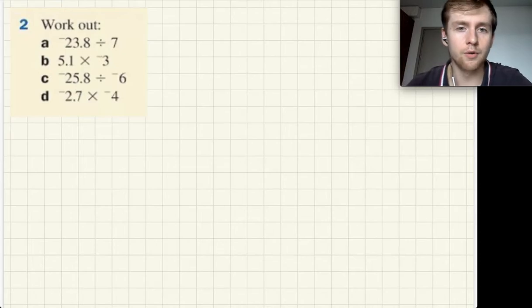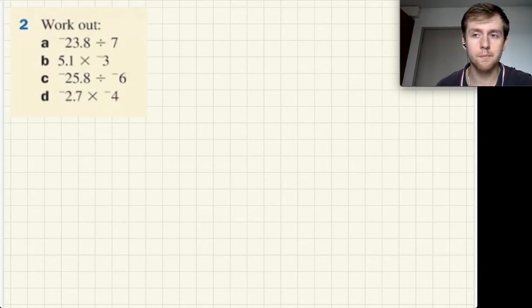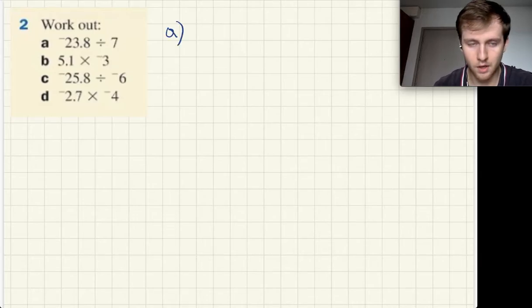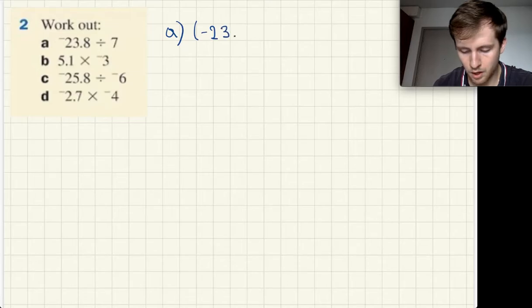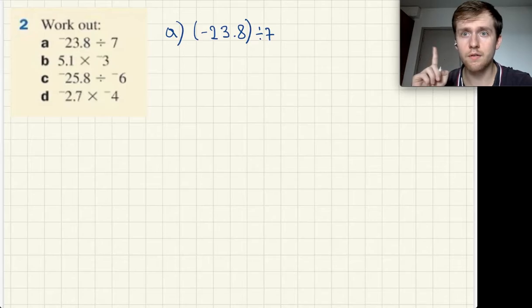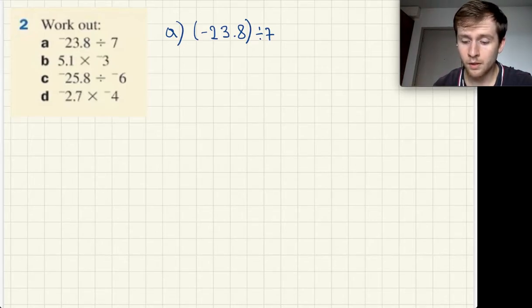Let's figure this out. So what do we have here? A, we have negative 23.8 divided by 7. So, okay, just a quick reminder. I already told you about this, but just a quick reminder.